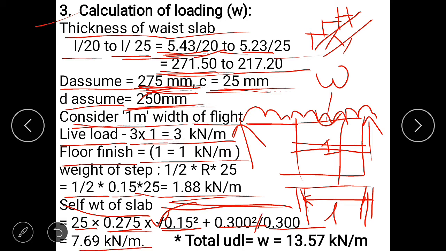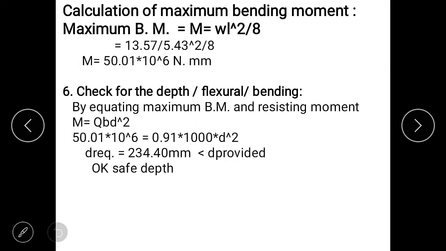So the answer is 7.69 kN per meter. So here self weight of slab is 7.69. So 7.69 plus 1.88 plus 1 plus 3, that is self weight of slab plus weight of step plus floor finish load plus live load. So total W is 13.57 kN per meter. Means total load is 13.57.